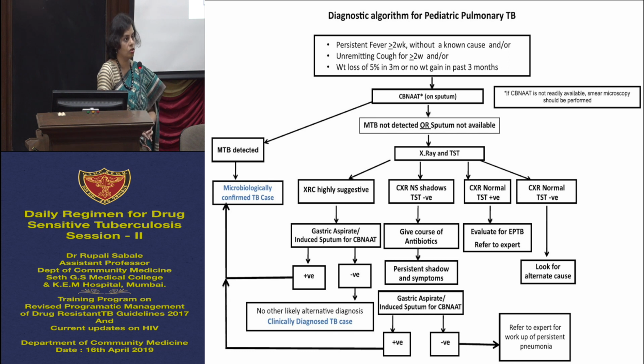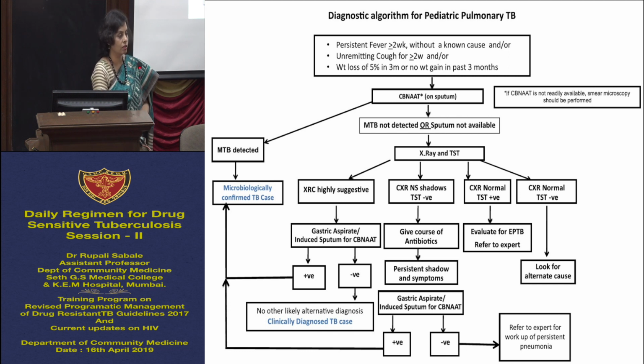After giving the course of antibiotics, even then if there are persistent shadows in the chest X-ray or the patient is having symptoms, we again do a CBNAT on gastric aspirate or induced sputum. In that CBNAT, if it is positive, it is microbiologically confirmed tuberculosis. If it is negative, it may be a case of persistent pneumonia, and then the workup has to be done for persistent pneumonia.